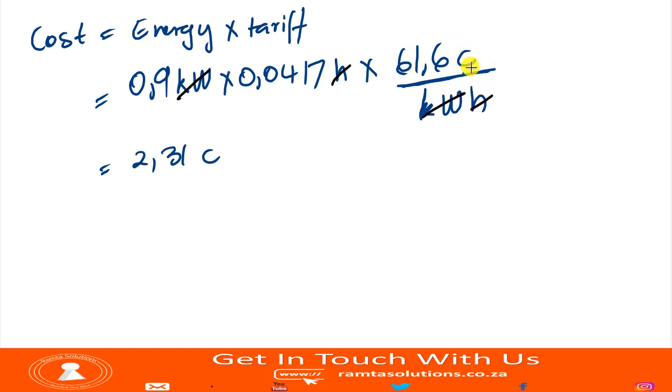If this was rand per kilowatt hour, you would only be left with your rand. So make sure that you convert your energy to whatever units your tariff is calculated at. Normally it's kilowatt hour, so make sure that for your energy, the power is converted to kilowatt.